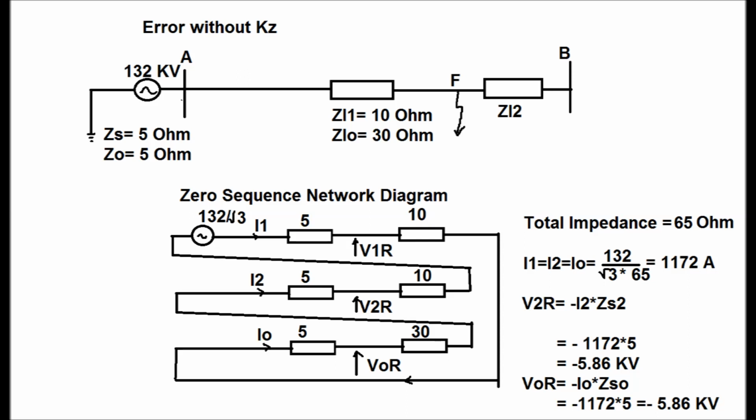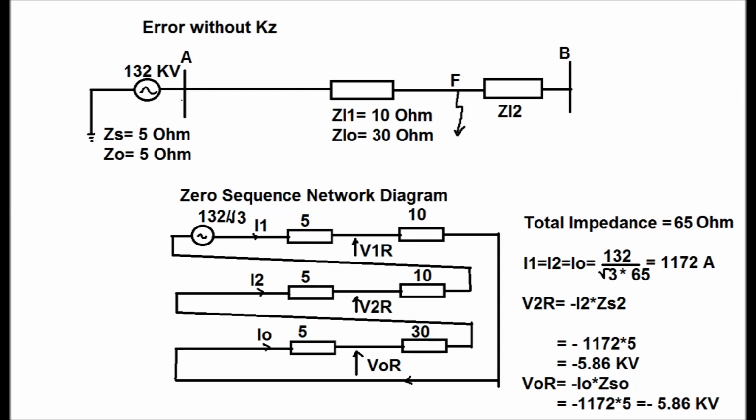And the zero sequence voltage, which is V0R, is equal to minus I0 into ZS0, which is equal to minus 1.172 into 5, which is equal to minus 5.86 kV. Since the relay point is point A, V2R is equal to minus I2 into ZS2 and V0R is equal to minus I0 into ZS0.